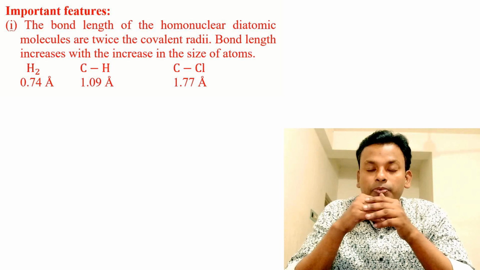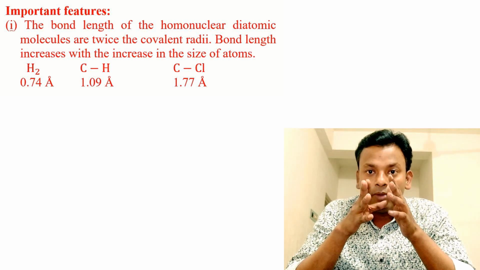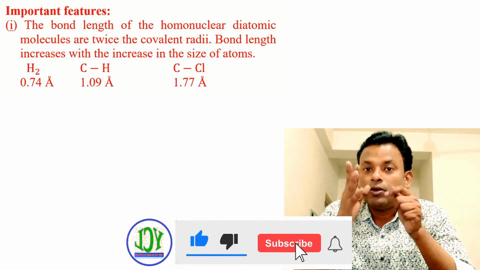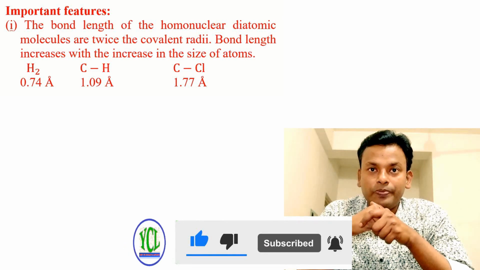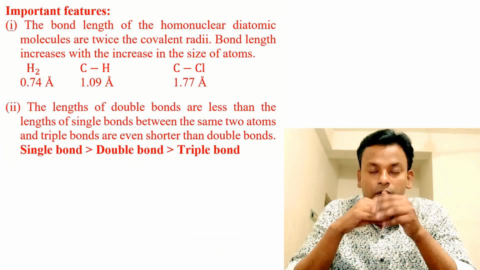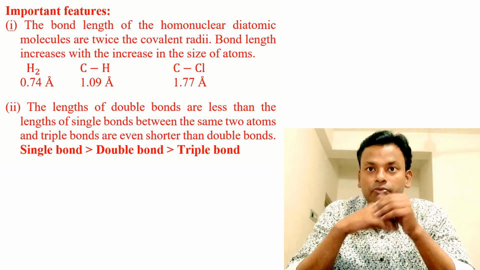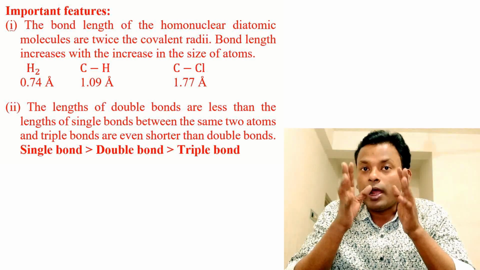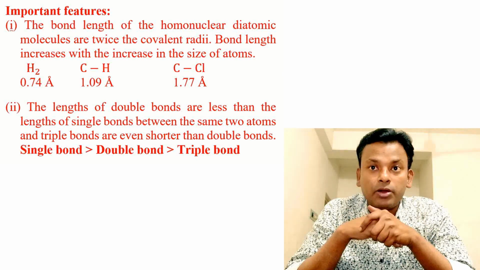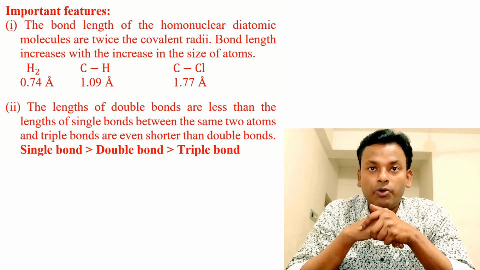H2 is 0.74 Angstrom, C-H is 1.09 Angstrom and C-Cl is 1.77 Angstrom. Point 2. The length of a double bond is less than the length of a single bond between the same atoms, and a triple bond is even shorter than a double bond, that is, single bond, double bond and triple bond.